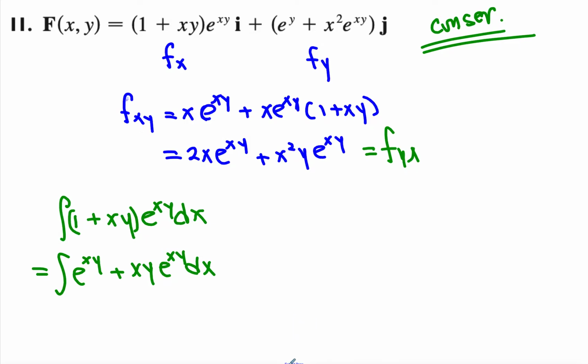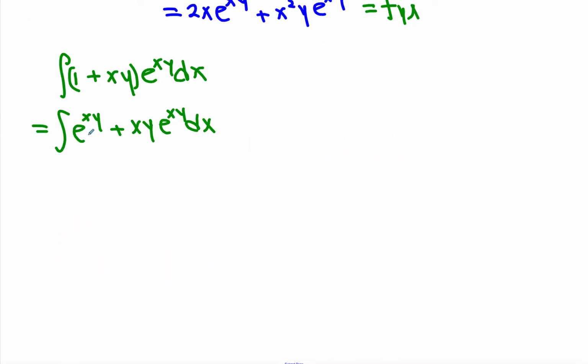For the first component, when I take the integral against x, what I end up getting is e to the xy over y. For the second one, I have to use integration by parts.